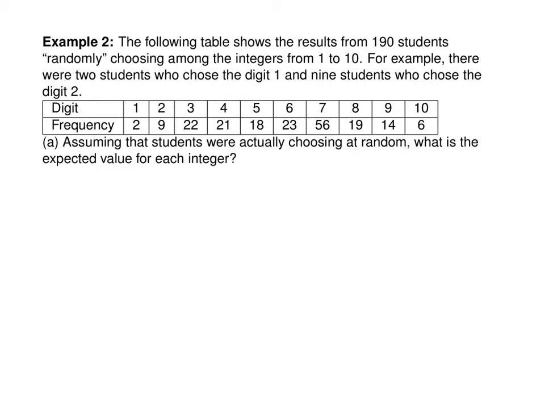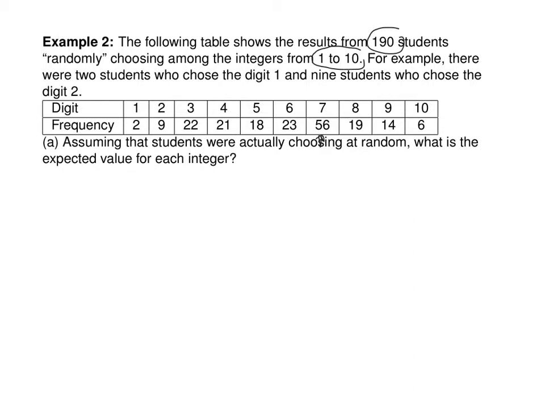All right, so let's do an actual example. It turns out that people are actually terrible randomizers. If I ask you to choose a random number between 1 and 10, people disproportionately choose 7, and this is a thing. Look at how much more often 7 is chosen relative to everything else. If we had 190 students that chose numbers between 1 and 10, there are 10 numbers there.